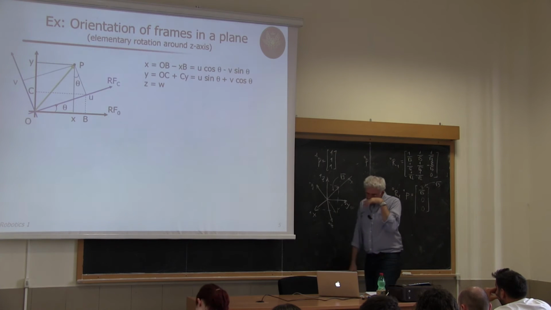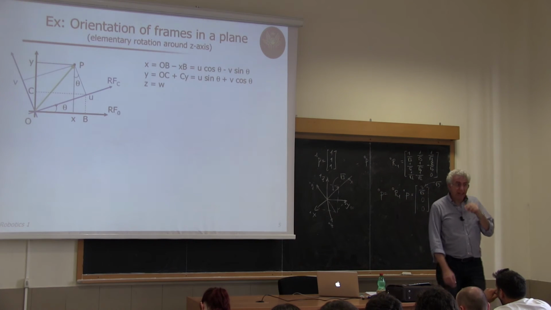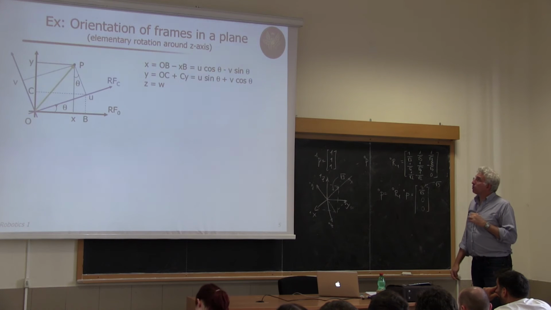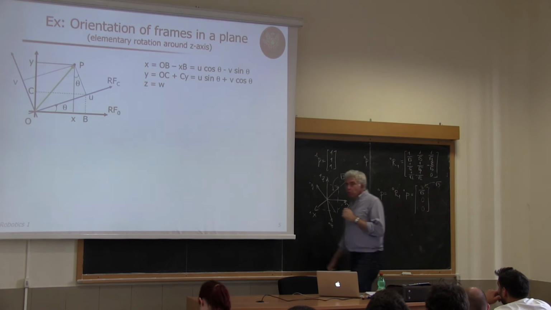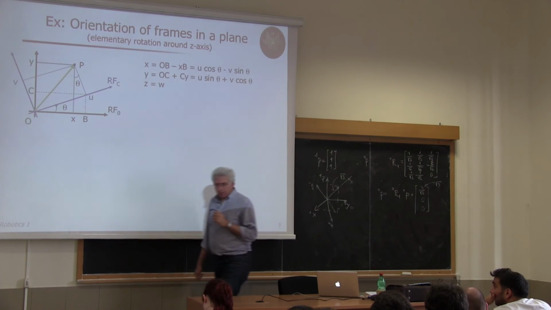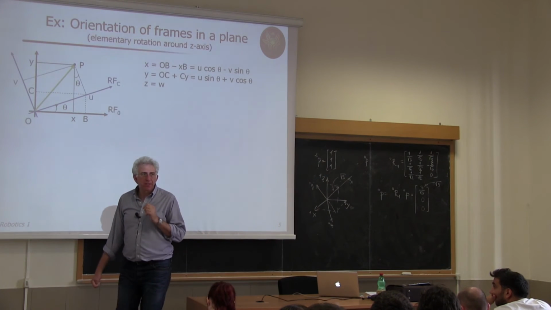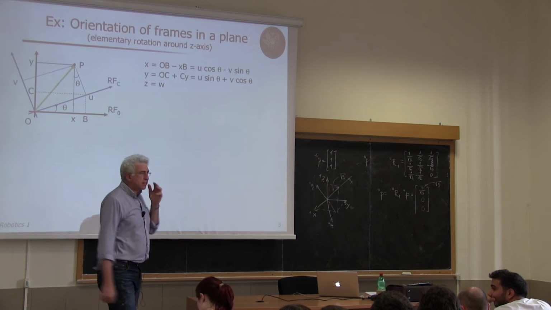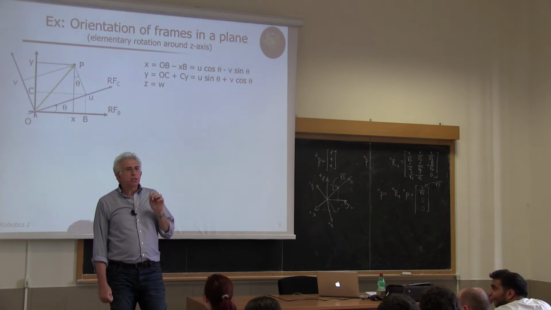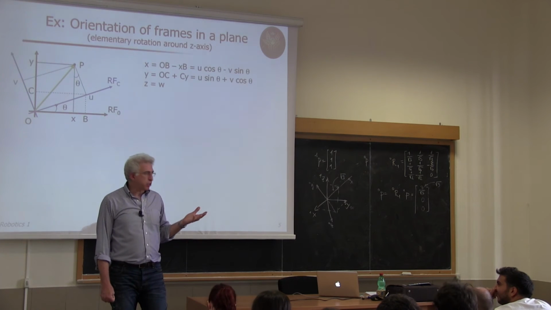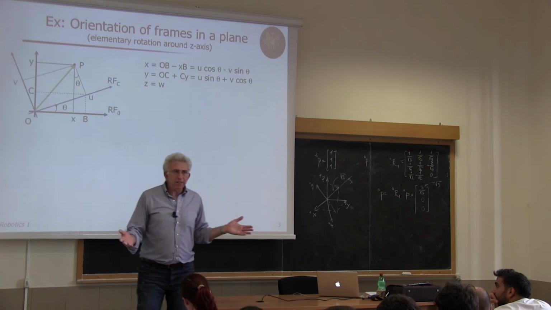Now let's do a last step, which is the following one. Suppose that we do a rotation of a fixed frame. And here, to make things simple and computable easily, we do what is called an elementary rotation. So we start from a reference frame.